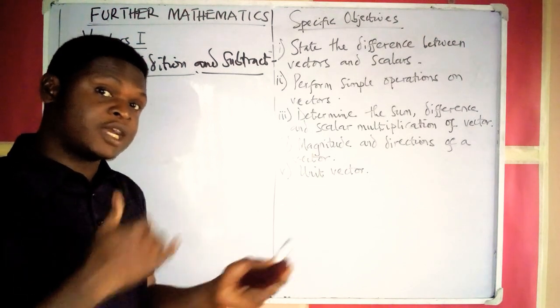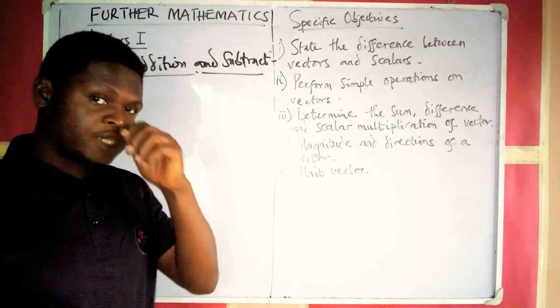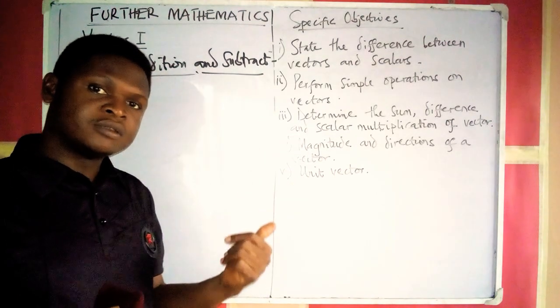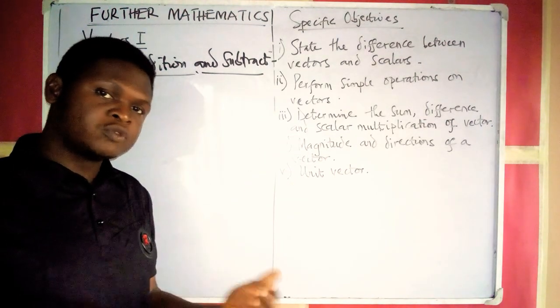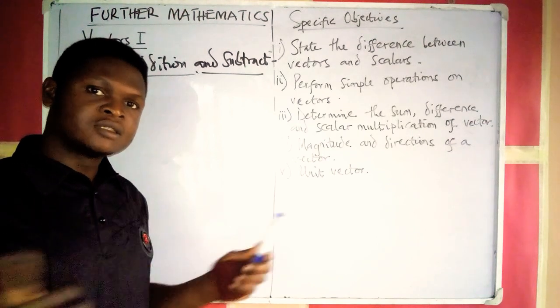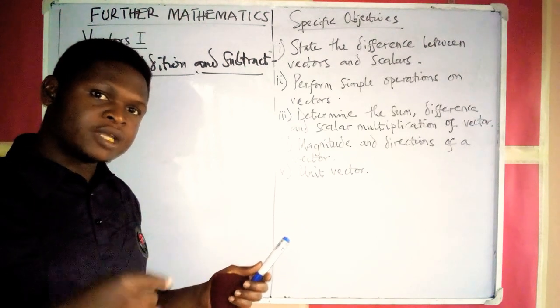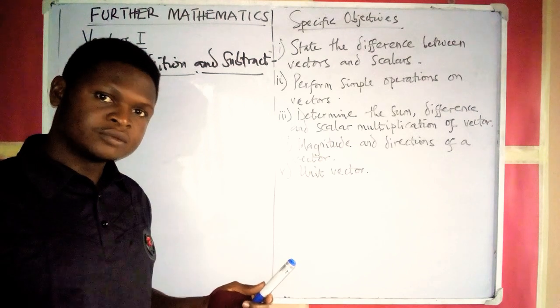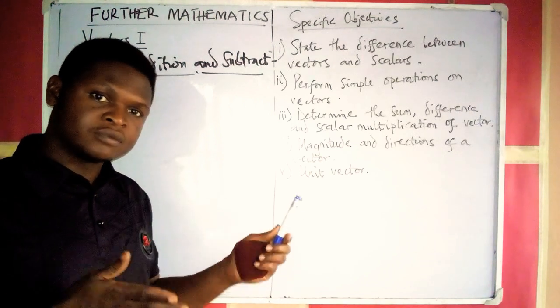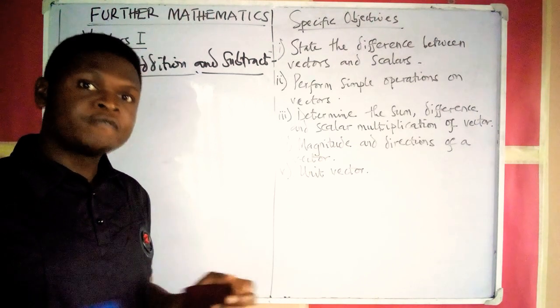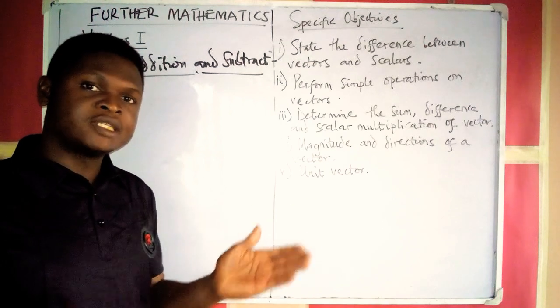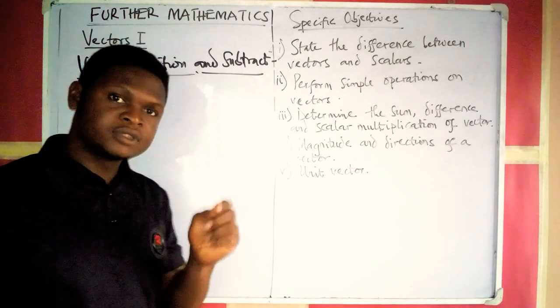I will take it again. I said the resultant of two vectors is taken to be the diagonal of a parallelogram if these two vectors are represented by adjacent sides of that parallelogram.